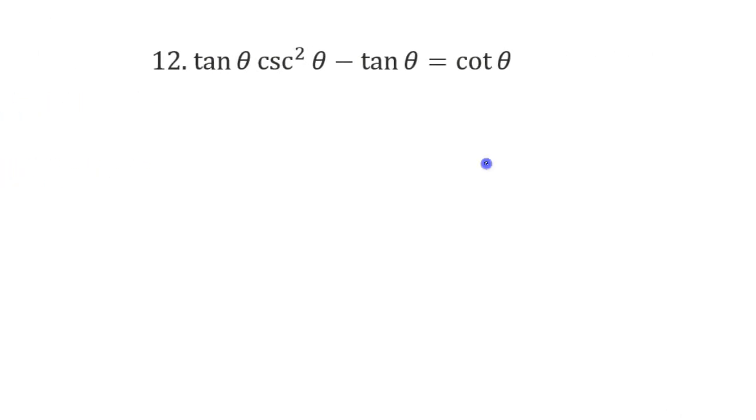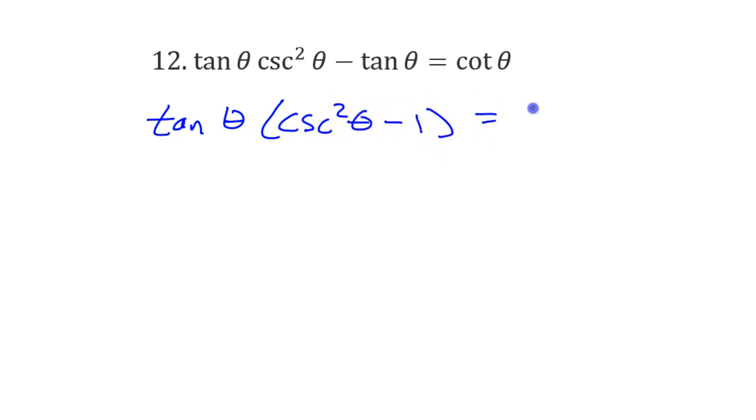So looking at this one, the more complicated side is the left-hand side, so I'm going to work on that. I notice that I have tangent theta in both terms, so GCF, I'm going to factor out the tangent theta. That will leave behind cosecant squared theta minus 1. Let's see if that is on the chart, cosecant squared minus 1.